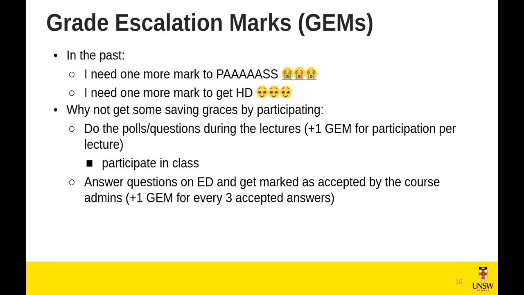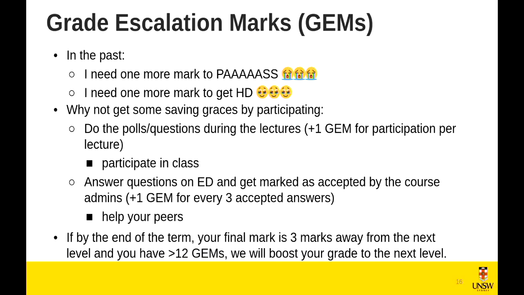If it is marked as accepted, you get 1 gem for every 3 accepted answers. And this is how you can earn marks by helping your peers. If by the end of the term your final mark is 3 marks away from the next level, and you have more than 12 gems, we will boost your grade to the next level.